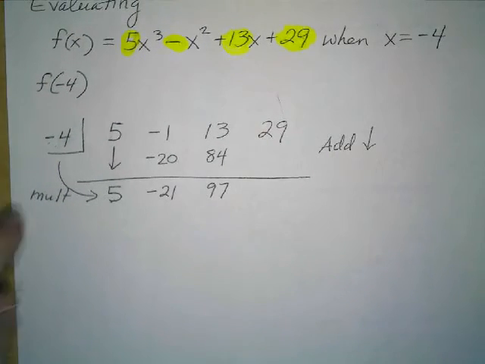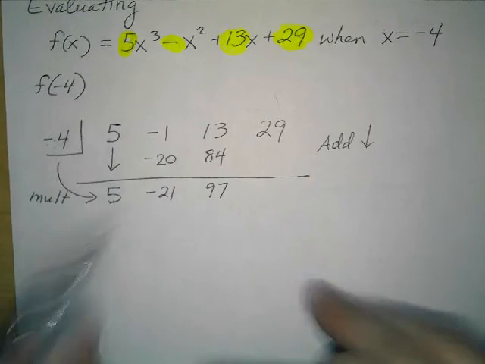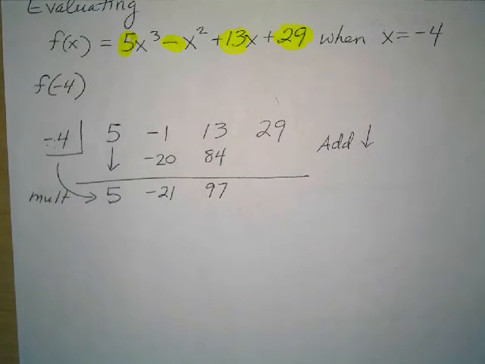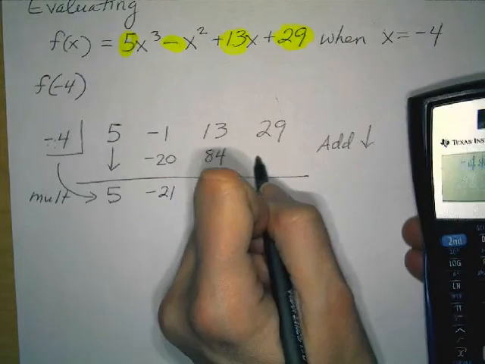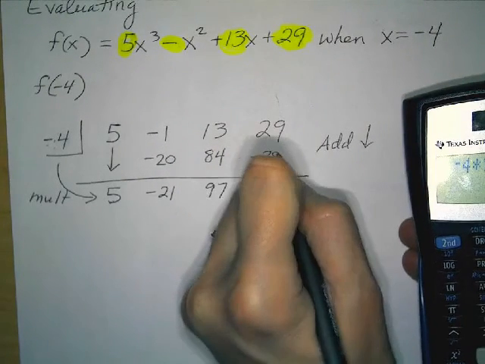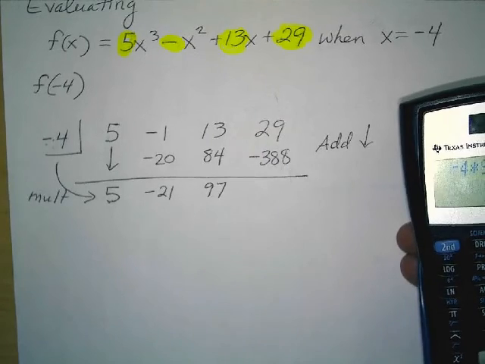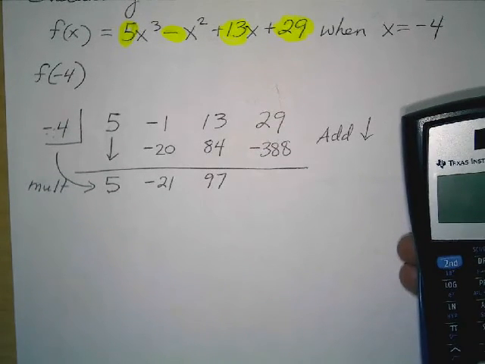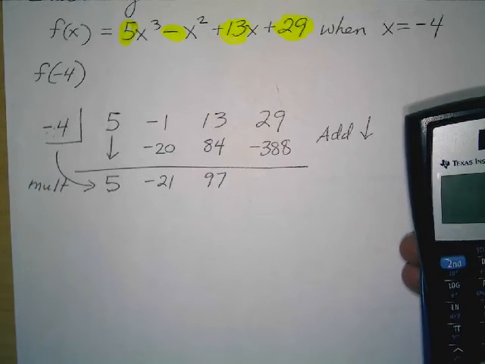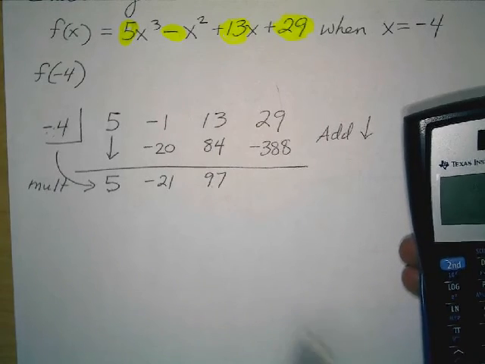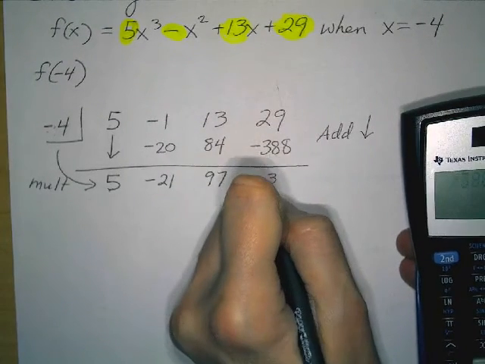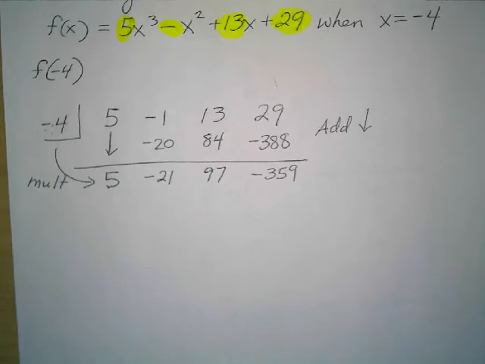Now I grab my calculator, I got to take -4 times 97. So we got -388. Now add this up. Let's see, -388 plus 29. -359.